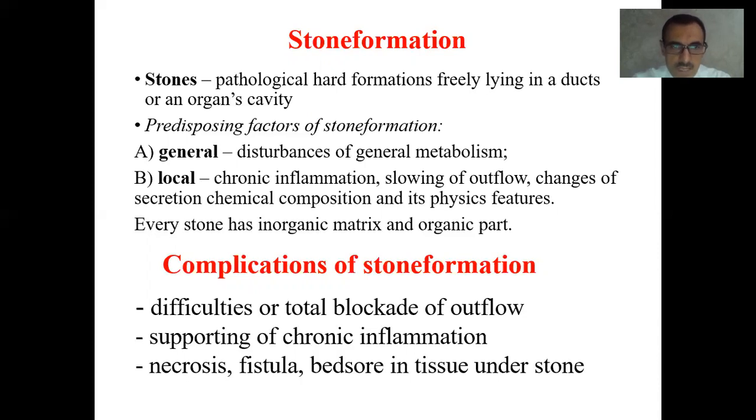Every stone has an inorganic matrix and an organic part. The complications of stone formation are difficulties or total blockade of outflow, supporting of chronic inflammation, and necrosis, fistula, and bed sore in the tissue under the stone.